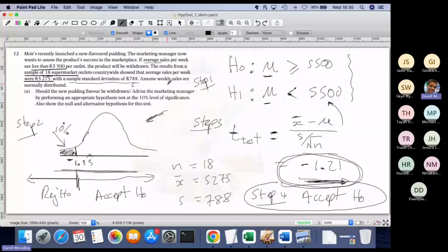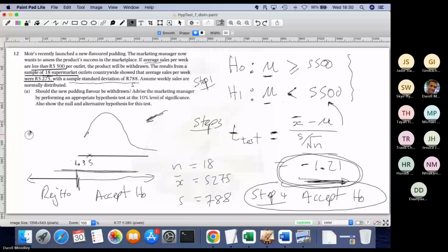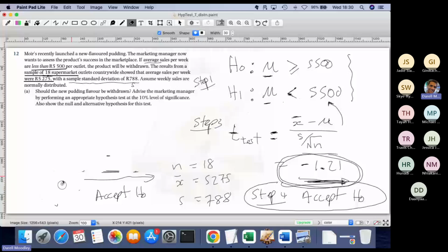In other words, do you keep the product or do you withdraw the product? Which option do you choose? What decision do you make based on what you found in step 4? Do you keep it or withdraw it?